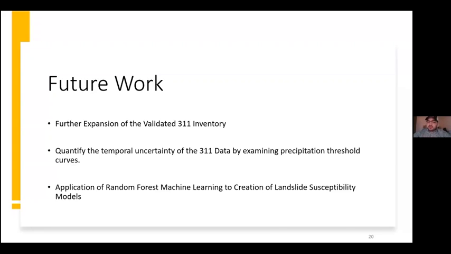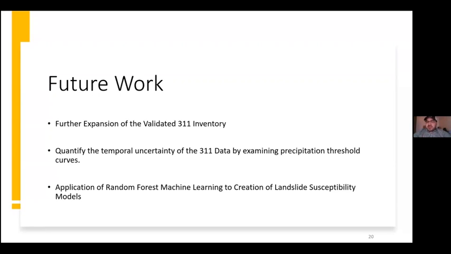The project's not done. There's still much to be done. In the future, I hope to further expand the inventory of validated 311 locations. Another key point, like I said at the beginning, is that with this 311 inventory, we also have temporal data of when the landslide was reported. So quantifying what this temporal uncertainty is could really help us build things such as hydrological and precipitation models.